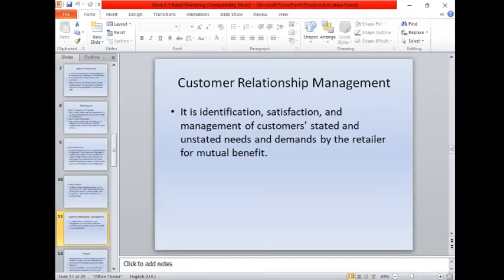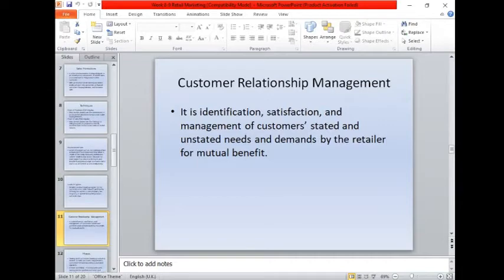We give their demands and also give them benefits for buying from the retail store or business. This is also a way of how you should retain your customers.